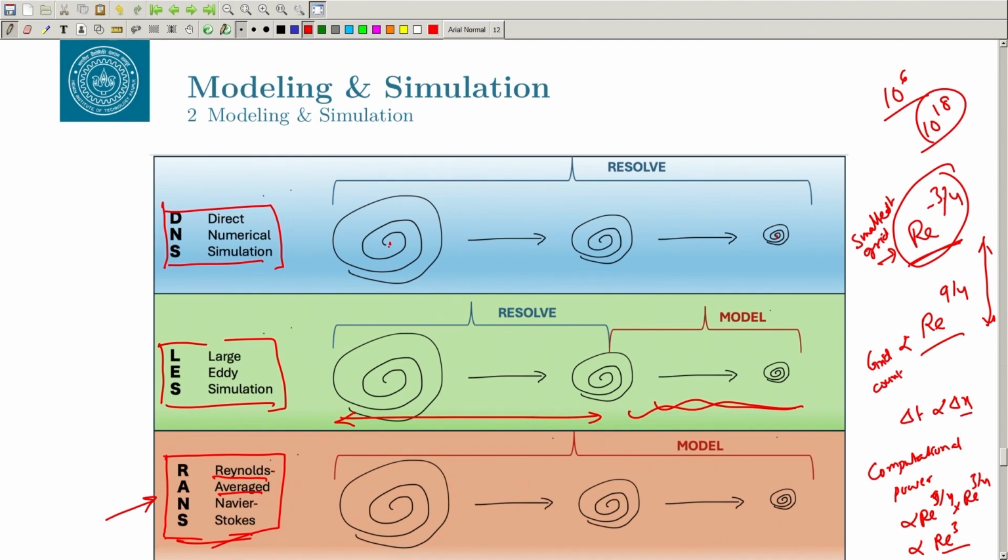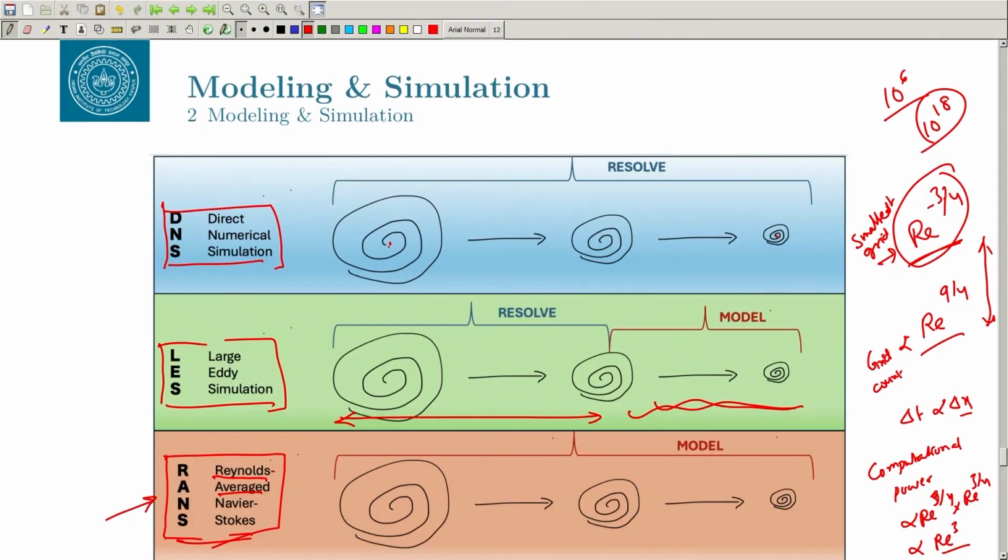Here we do not simulate any eddy, but we get the effect of eddies using a turbulence model, and the turbulence model may depend on the flow, the geometry, and the situation that we have. Let us say it has a separation or transition, then you will have a different turbulence model. Let us say it is fully developed, then you will have a different kind of turbulence model, and so on.